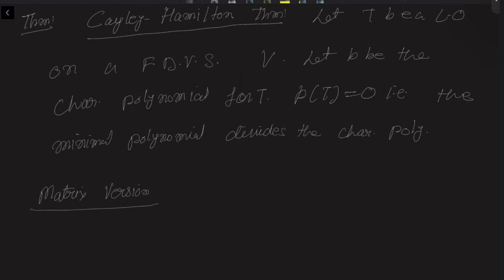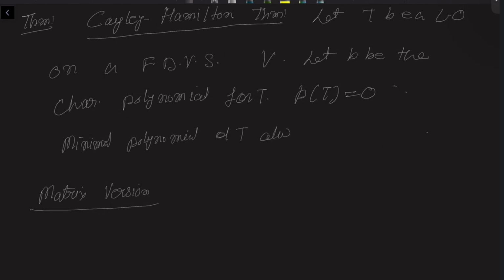I should have written it like this: P of T equals 0 and the minimal polynomial always divides the characteristic polynomial.